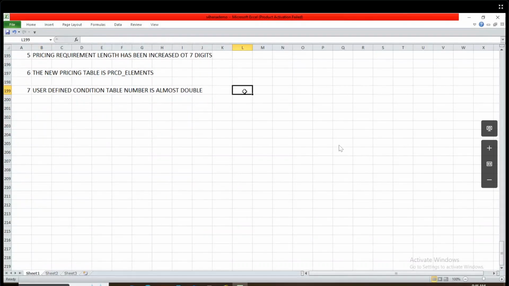In ACC, user defined table number in S4HANA: 501 to 999, along with that we can use like this, 9AA to 9AV, means 9AA, 9AB, 9AC, 9AD, up to 9AV. So 9BA to 9BV, like that, 9VA to 9VV.